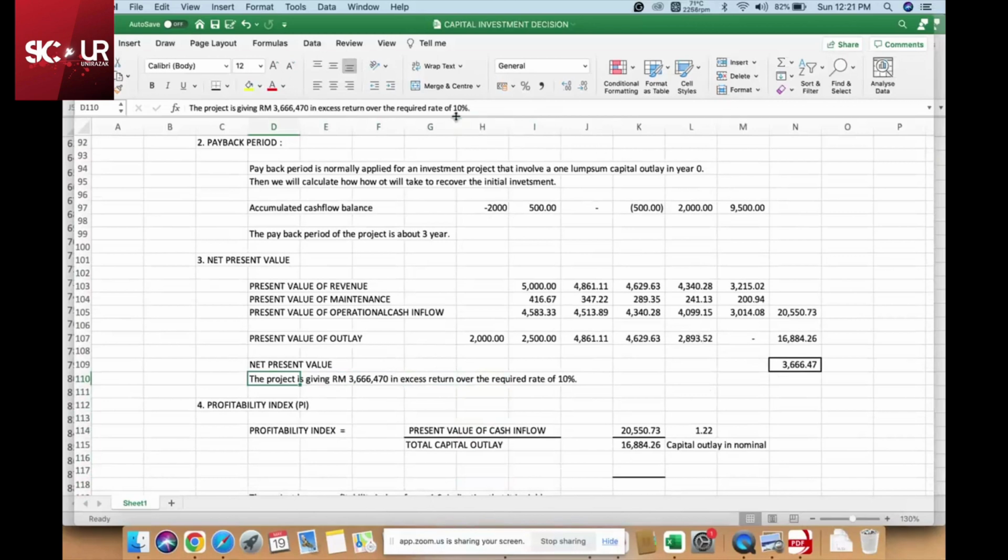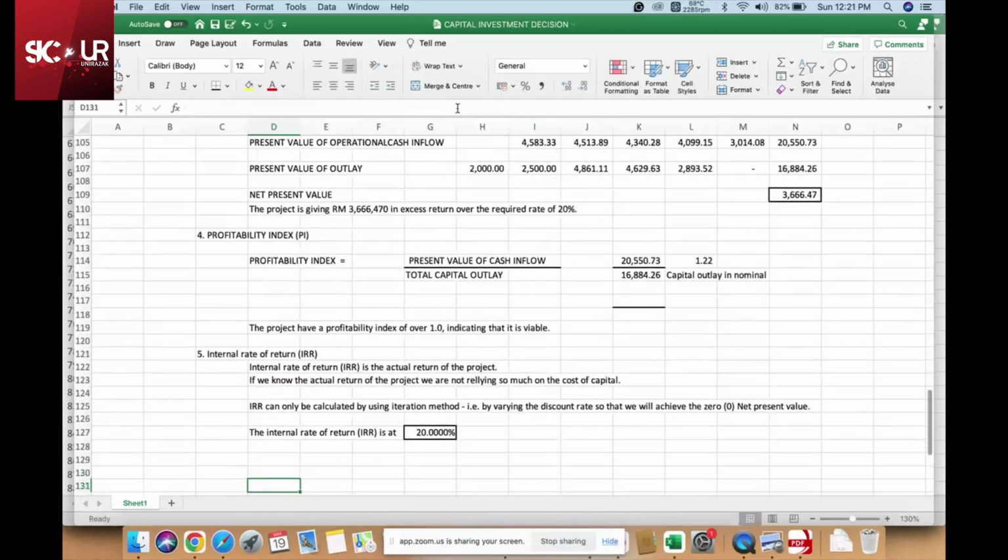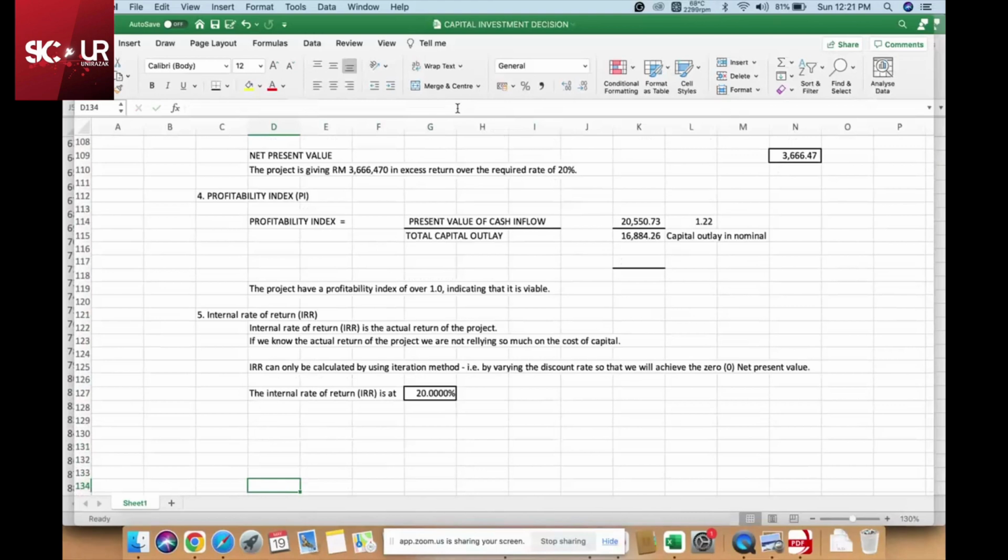because the project is giving a return of over 20%. So in this case, the internal rate of return will be calculated, and to determine the IRR, we will find the suitable rate where we achieve a zero net present value.